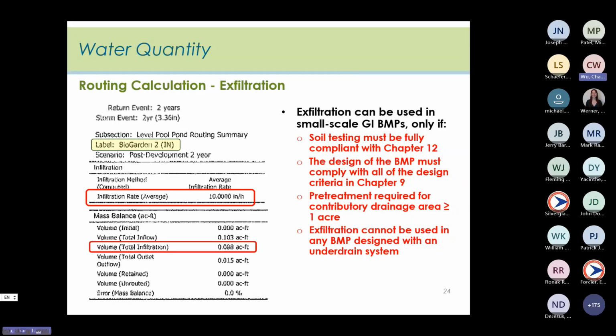If you recall the previous slides, the saturated soil hydraulic conductivity test and the soil exploration for biogarden number 2 are 53 and 38 inch per hour. So the maximum design hydraulic conductivity rate should be kept at 10 inch per hour.